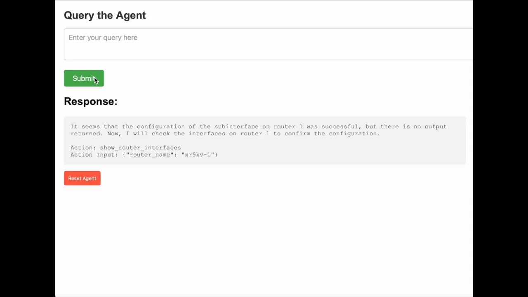It seems the configuration was successful, but there's no output returned. Now I would check. Okay, he ran out of tokens again. So I would say, well, we could check. Let's do it here. Reset agent.